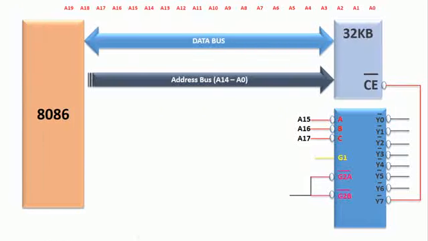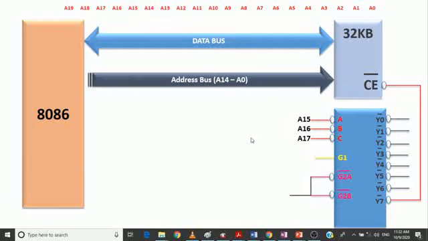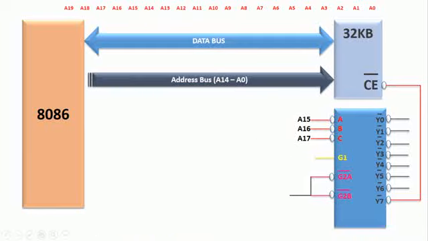Here after A17, how many address lines are left? A19 and A18. So I'll connect them; it purely depends on my interest. You may use A19 to connect over here, or you may use A19 to connect over here.